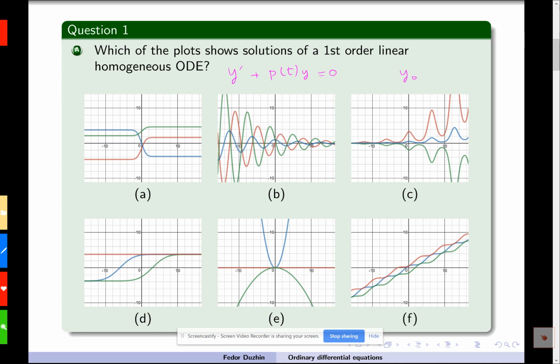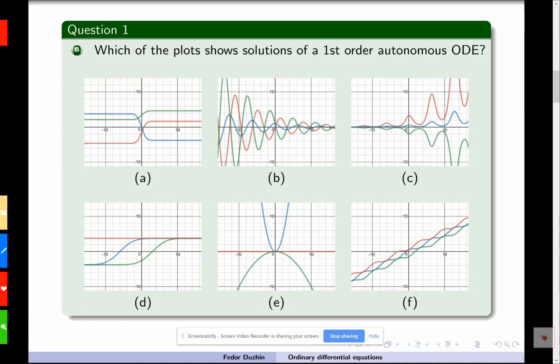Let's say that the function f of t is the basis of the solution space, which means that the general solution looks like y equals c times f. So in other words, all solutions are proportional to each other. So this is plot C. In plot C, we see that all solutions are constant multiples of each other.